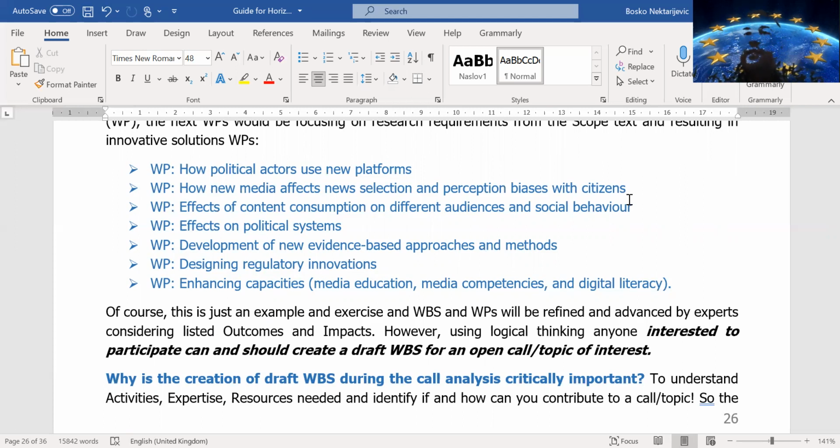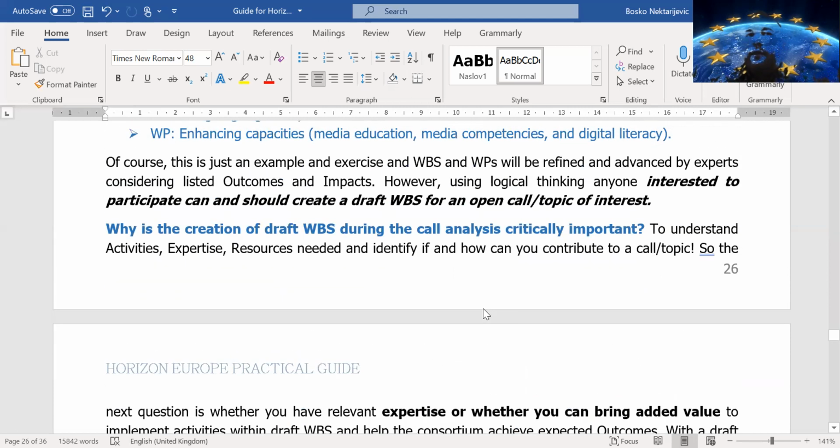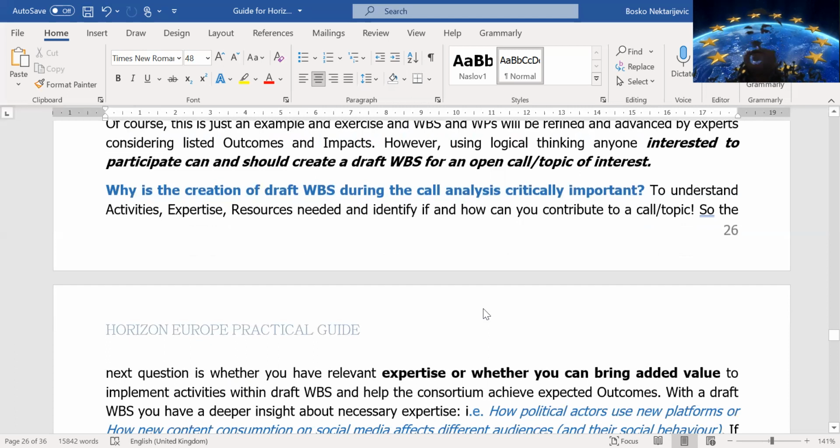So just using logical thinking, anyone interested to participate can and should, of course, do this and create the WBS and then think, okay, now I have, after reading this text and intelligently interpreting what it states, a much deeper understanding about activities, expertise, and resources needed, and I can identify how I, my organization, can contribute to a call topic.